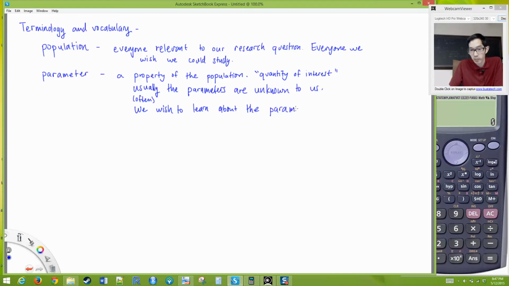Now, one method to learn about the parameter is through a census. And a census requires studying everyone in the population.